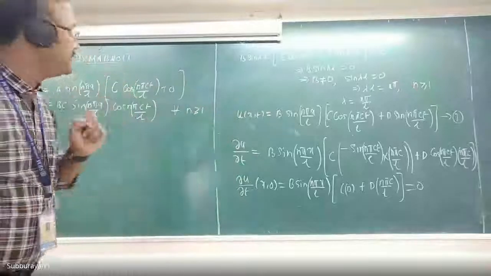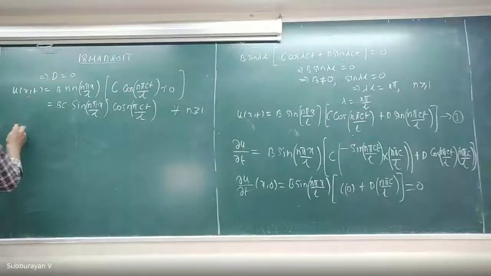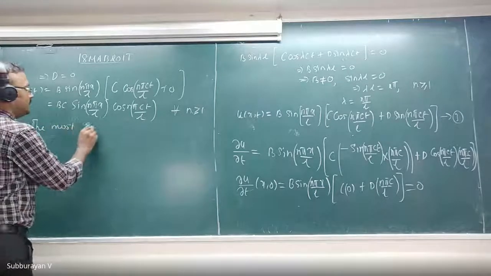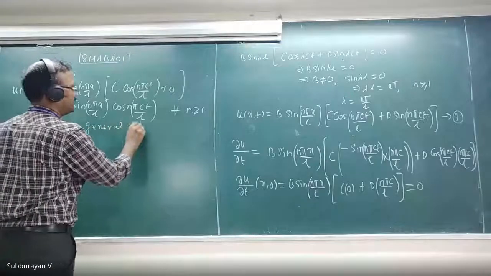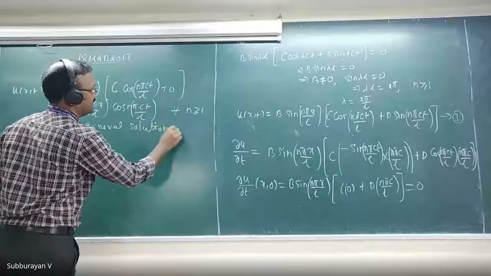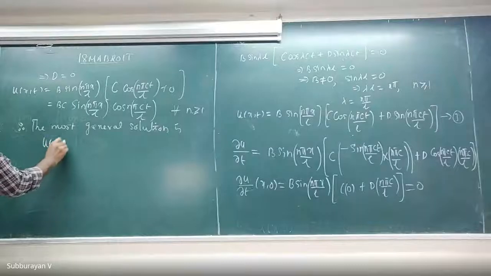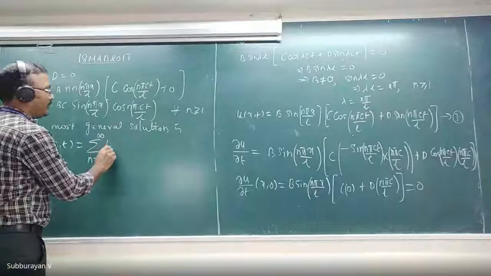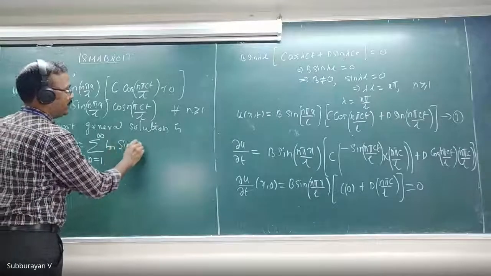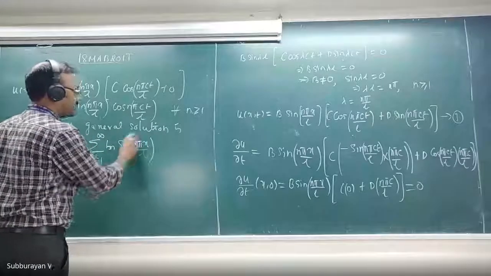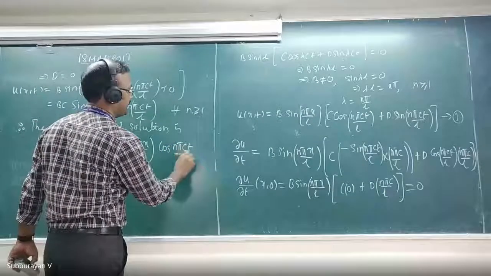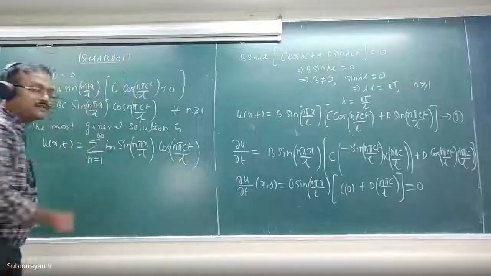By this principle, we can write the most general solution u of x comma t, which is equal to summation n equal to 1 to infinity Pn into sin n pi x by L into cos n pi ct divided by L. This is called the most general solution.